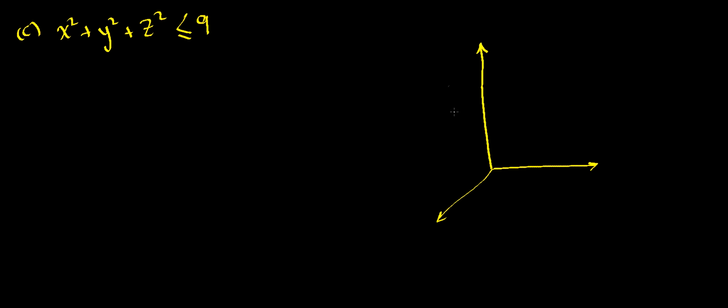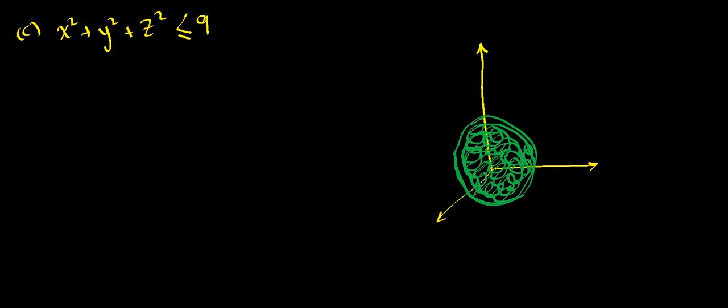If I have a sphere of radius 3, that's included. If I have a sphere of radius 1, that's included, and so on. So you're gonna end up with an infinite number of spheres. We're gonna have to shade the entire region, and the sphere of radius 3 is included in this case. So this will become our region here. This whole thing.